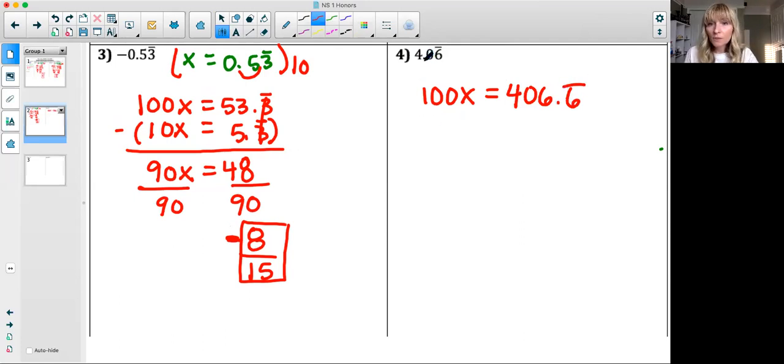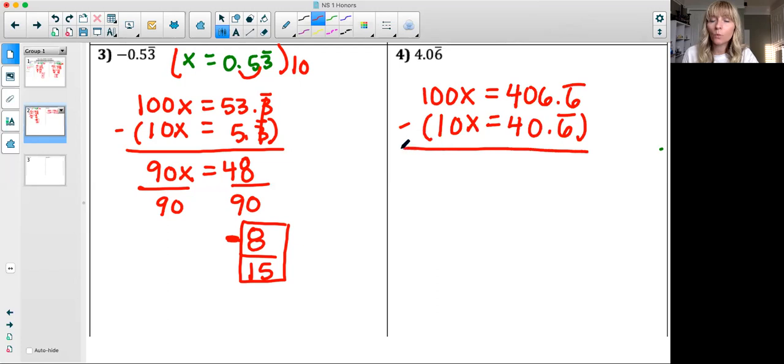Now I'm also going to have to multiply by 10 in order to get it in front. So multiplying by 100 got it behind the repeat, multiplying by 10 now gets it in front of the repeat, and this is the only way that my subtraction will work. So 100x minus 10x is 90x.